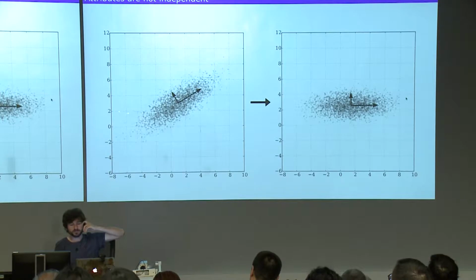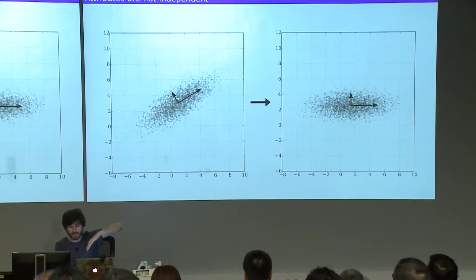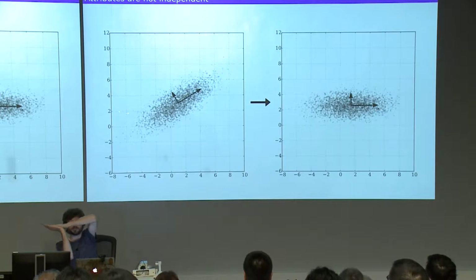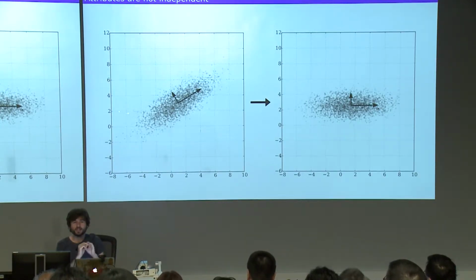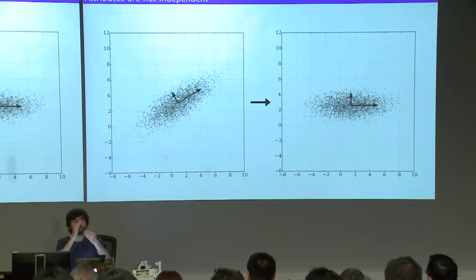Then imagine that we took all of these points and we just projected them down onto this line. We flattened it. So we take this cloud of points and flatten it together by projecting all the points down. Then what you would have is a new data set which lies along one dimension instead of two, and all of the houses are now just a point along this line. Now, that may not seem very useful, but it's useful for a couple of reasons.